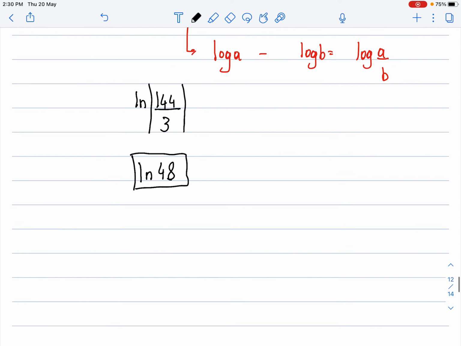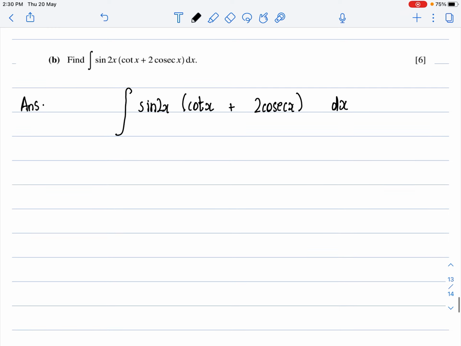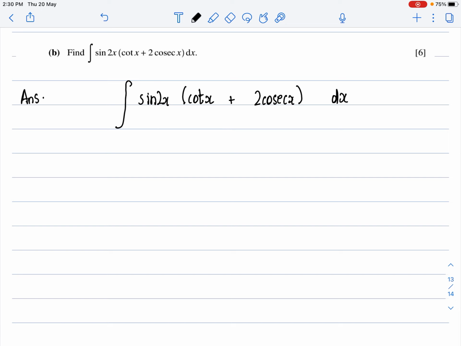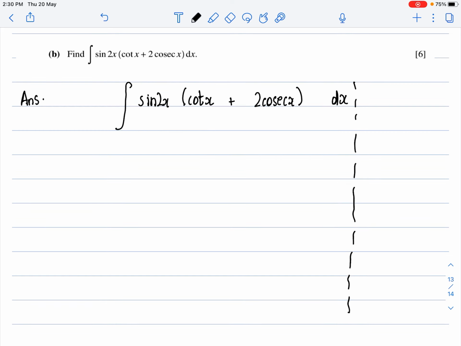Now, the B part. This is basically the integration of sine 2x cot x plus 2 cosec x. Obviously you can't solve this directly. It's not possible. What you need to know is some important trig identities. The first trig identity is that sine 2x can be written as 2 sine x cos x.